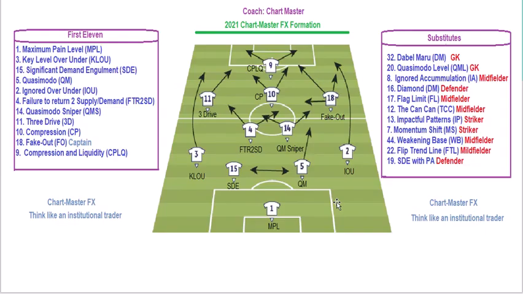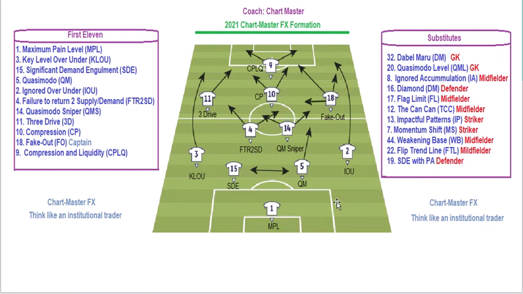So as you can see guys here on the chart master formation, the CPLQ is the gunman guys. Once you understand the compression guys with liquidity, I can tell you the goals are going to be at the back of the net. You just see goals getting scored here.